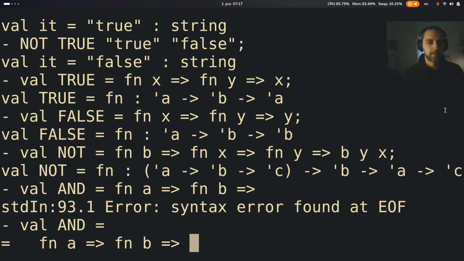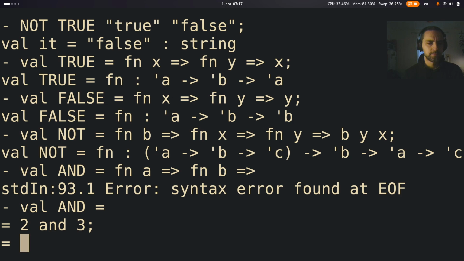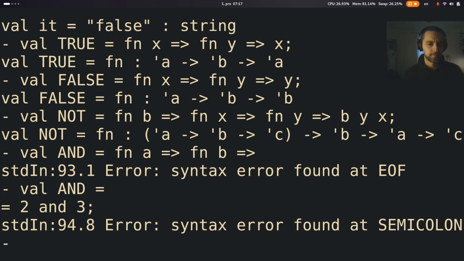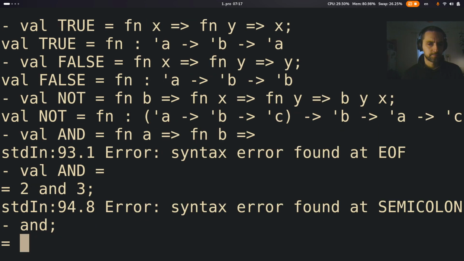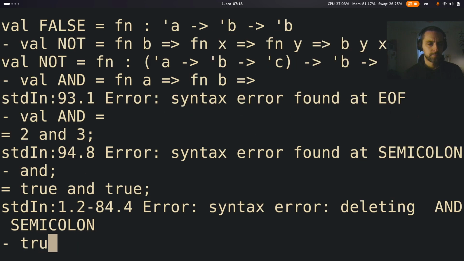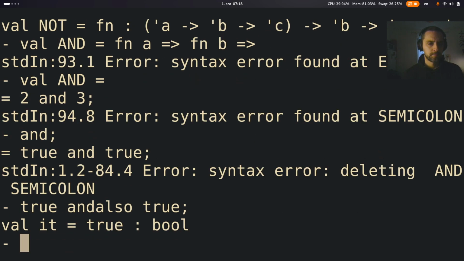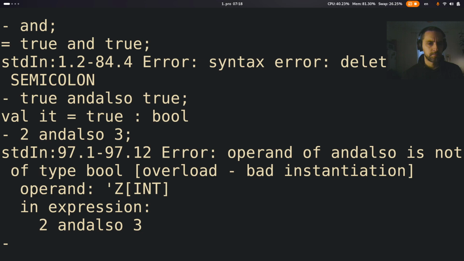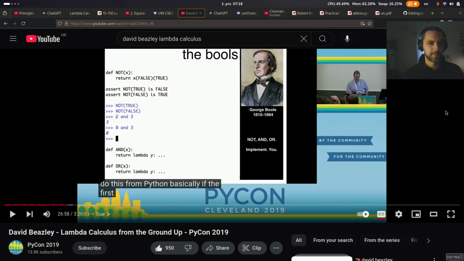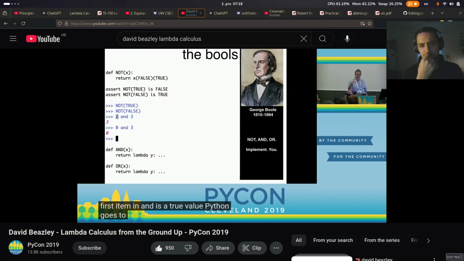Basically, if the first item in AND is a true value, Python goes to the second value and uses that to determine the result.